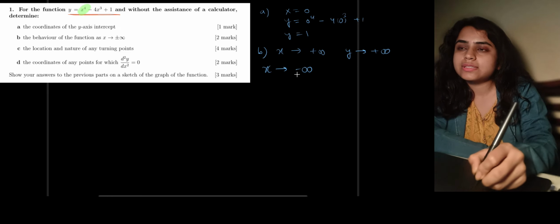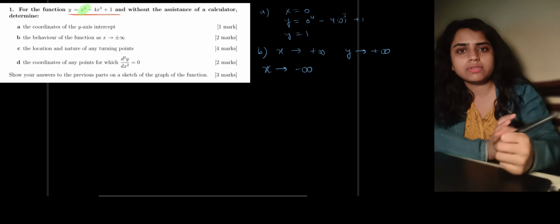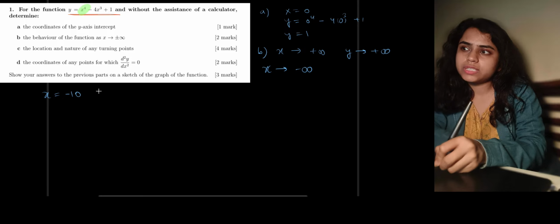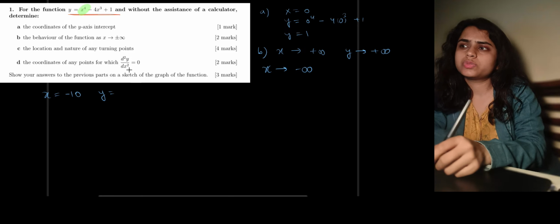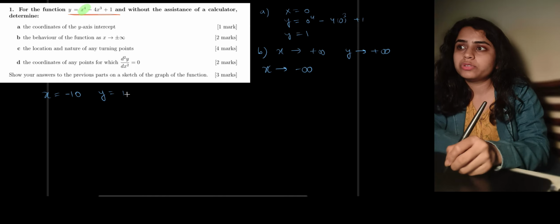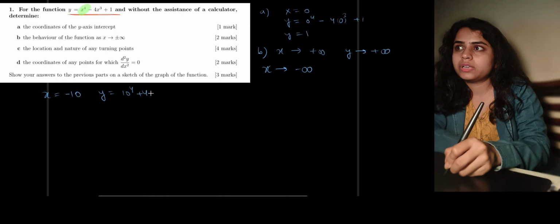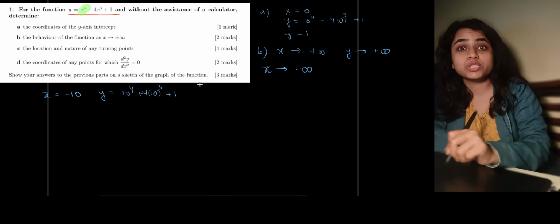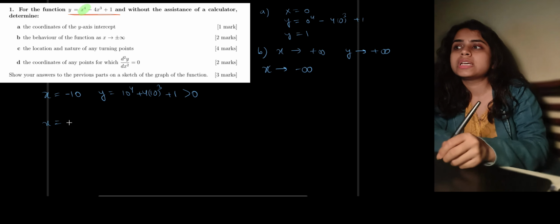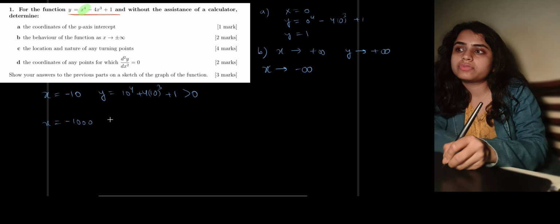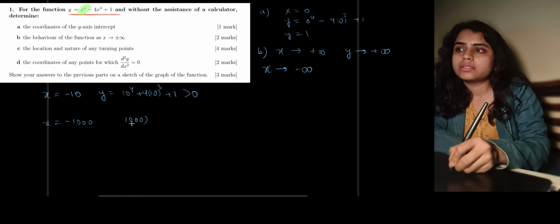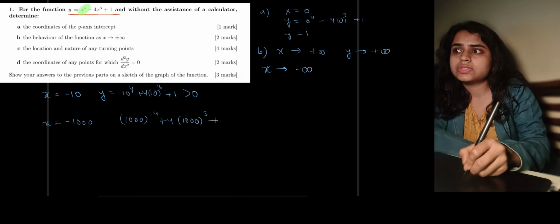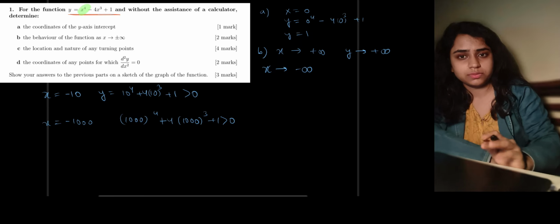If x tends towards negative infinity, let's see, if x is equal to negative 10, y is equal to what? Negative 10 to the power of 4 is positive, so it's 10 to the power of 4 minus 4 times 10 to the power of 3 plus 1, a positive number, greater than 0. If x is equal to negative 1000, again 1000 to the power of 4 plus 4 times 1000 to the power of 3 plus 1 is greater than 0.